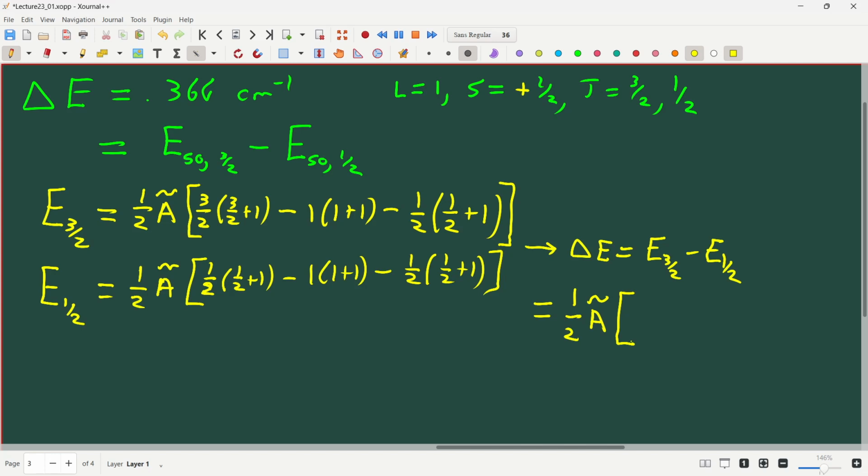Is that right? Maybe I calculated that wrong. 3/2 plus 1, that's 5/2. Yeah. So 3/2 times 5/2 is 15/4. And then we subtract from that 1/2 times 1/2 plus 1, which is 3/2. 3/2 times 1/2 is 3/4.